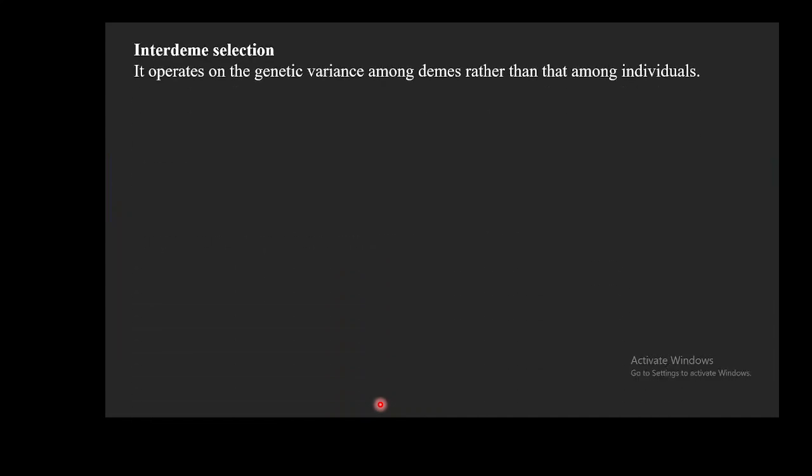And then comes interdeme selection. So what is the difference between kin and interdeme selection? In kin selection, relationship is necessary, but in interdeme selection you require only a subdivided population, and close relationship is not necessary or mandatory. This is the difference. It operates on the genetic variance among demes rather than at the individual level.